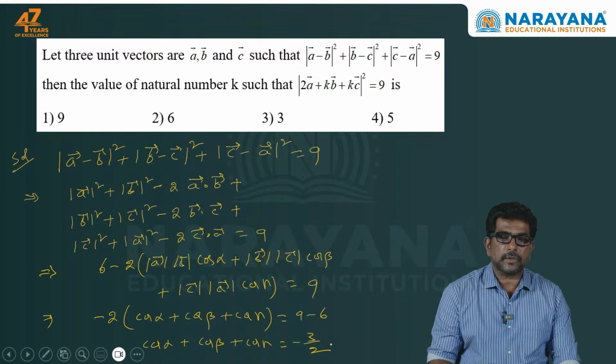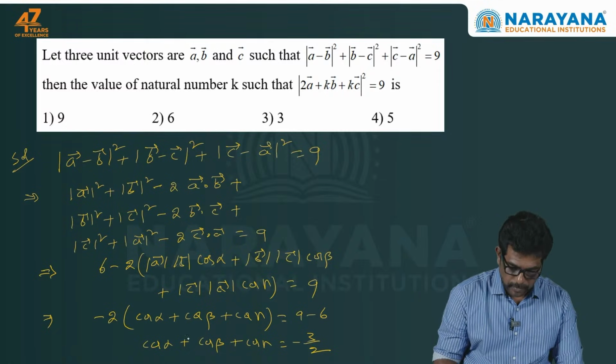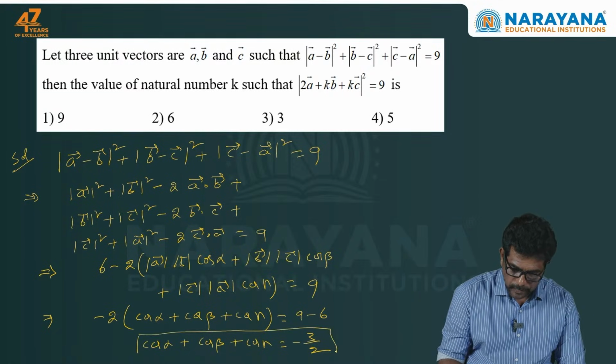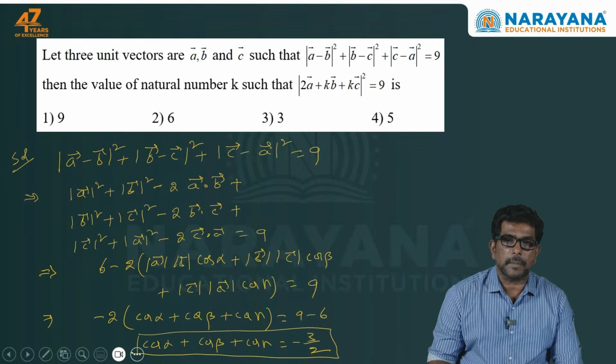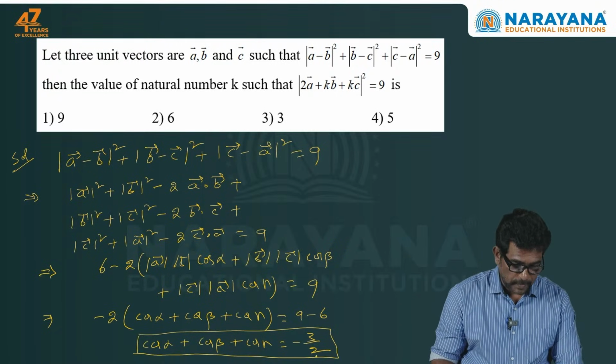Cos alpha plus cos beta plus cos gamma is equal to minus 3 by 2.